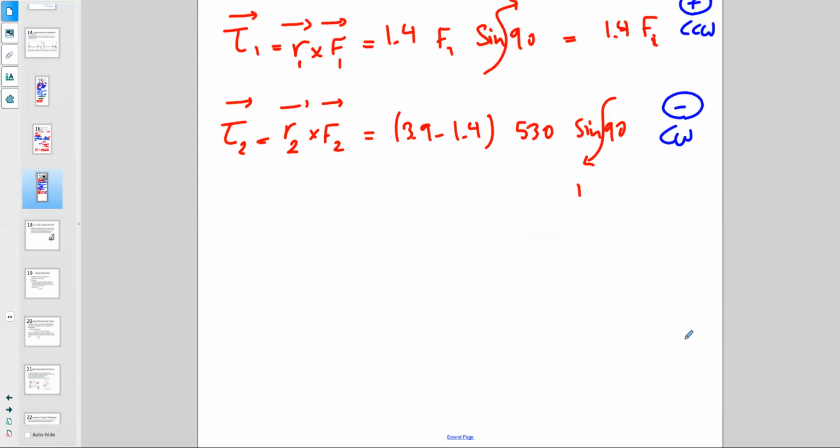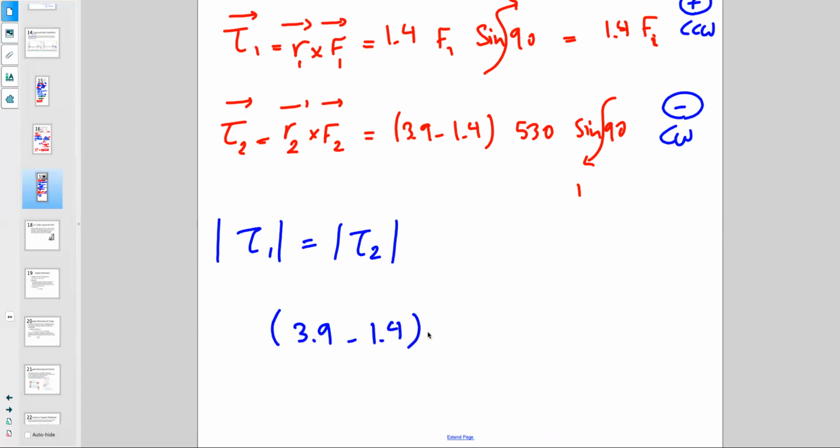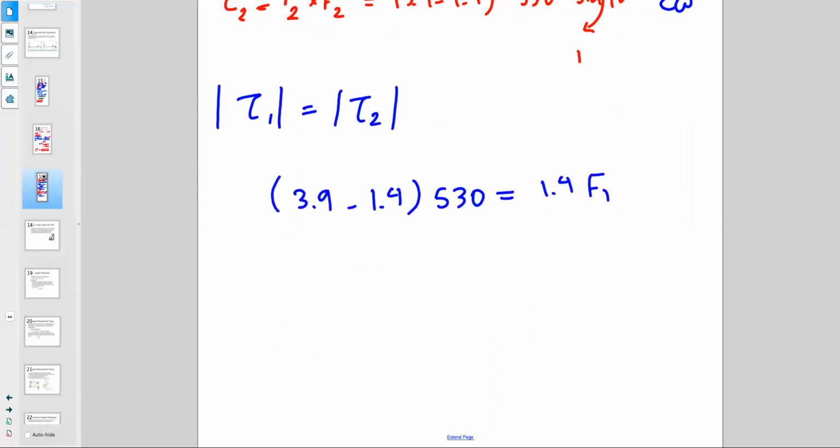Okay, so tau 1 should have the same value as tau 2, but they are in opposite directions. So you have (3.9 minus 1.4) times 530 being equal to 1.4 F1.